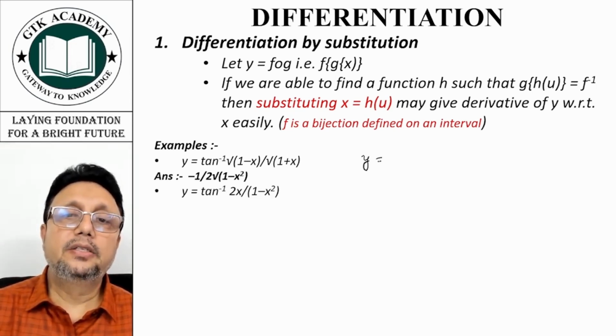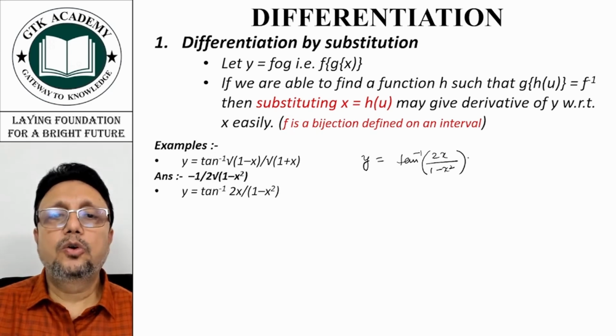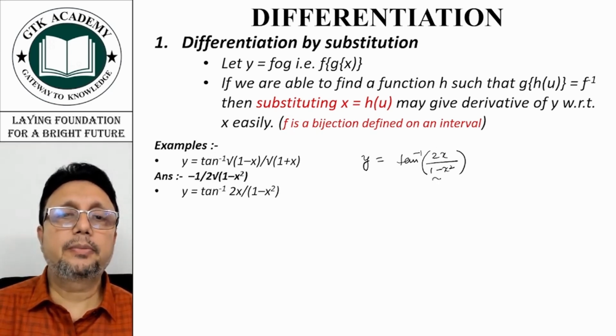Let's take one more example. Y is equal to tan inverse 2x upon 1 minus x square. The only challenge in these problems is what should we substitute here, because you have to substitute such a thing that this becomes tan of something, right?